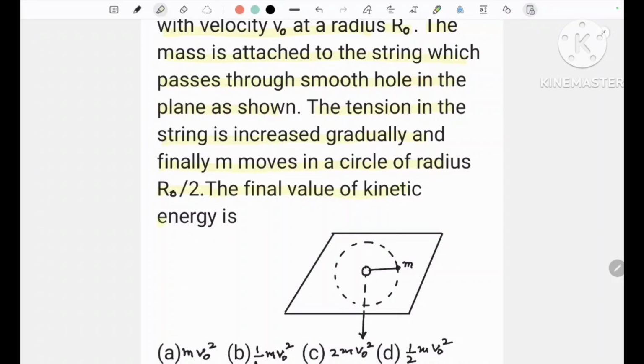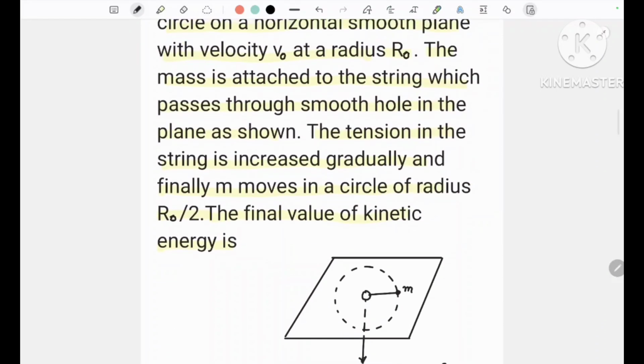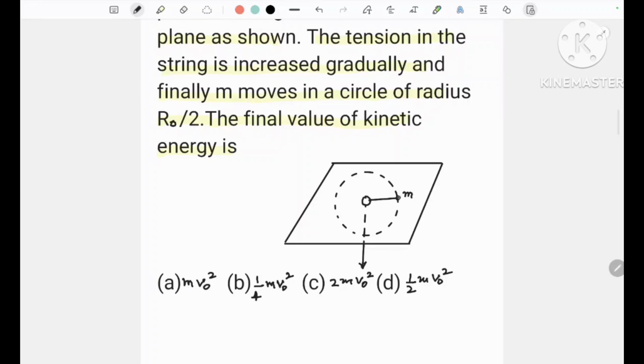The final kinetic energy is: the velocity is v dot initial and r dot. Initial angular momentum is m v dot r dot.